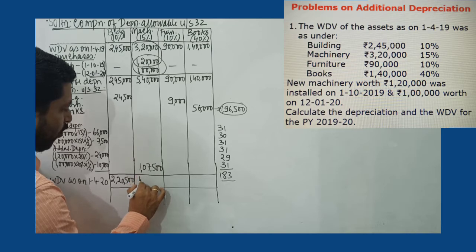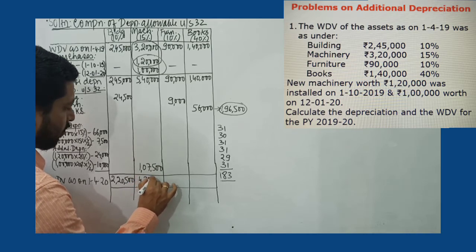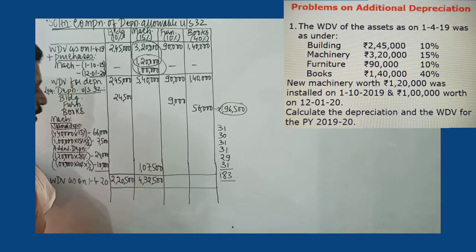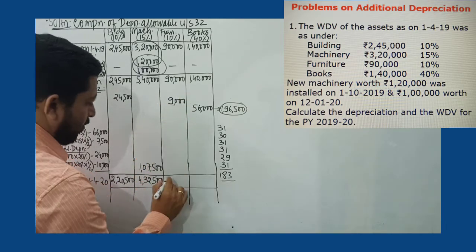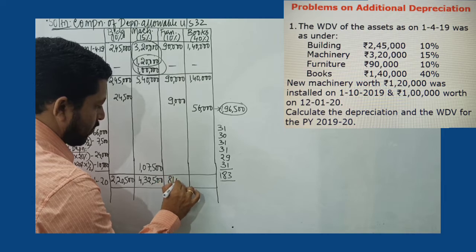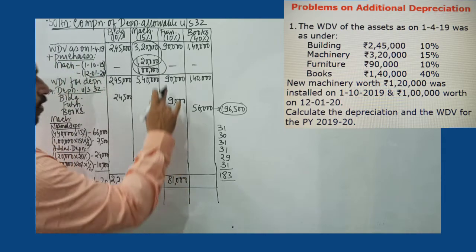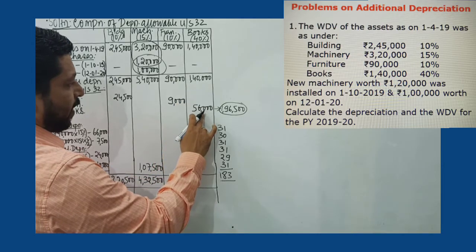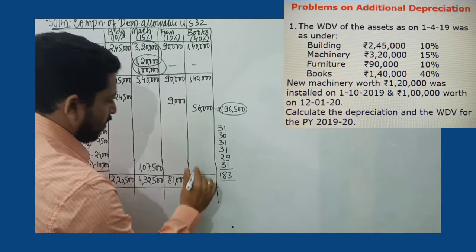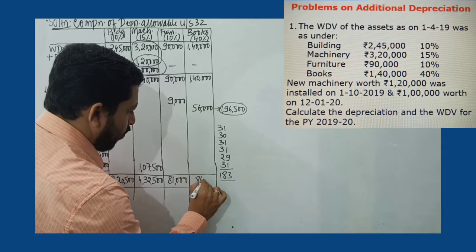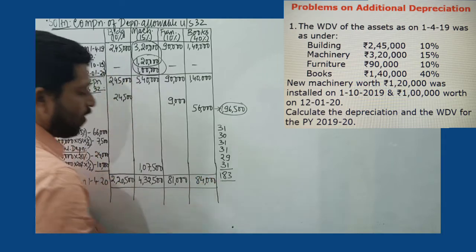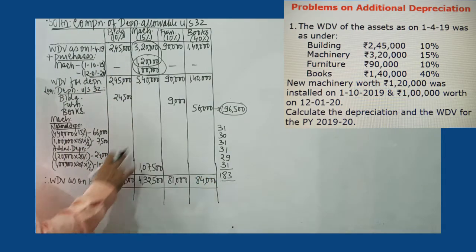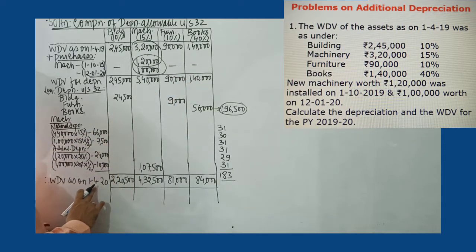So that would be 4,32,500. The block value for the next year. 90,000 minus 9,000 is 81,000. The block value of furniture for the next year. Then 1,40,000 minus 56,000, that would be 84,000. So 84,000 would be the block value of books, starting next year on 1st of April 20.